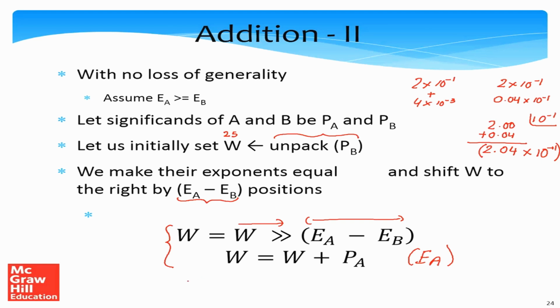So that's fine. Then we can do w equals w plus pa, which means that I'm adding the significand of pa plus the significand of pb, in a sense right shifted by EA minus EB positions. This is equivalent to aligning the decimal points, setting the exponents to be the same and adding.